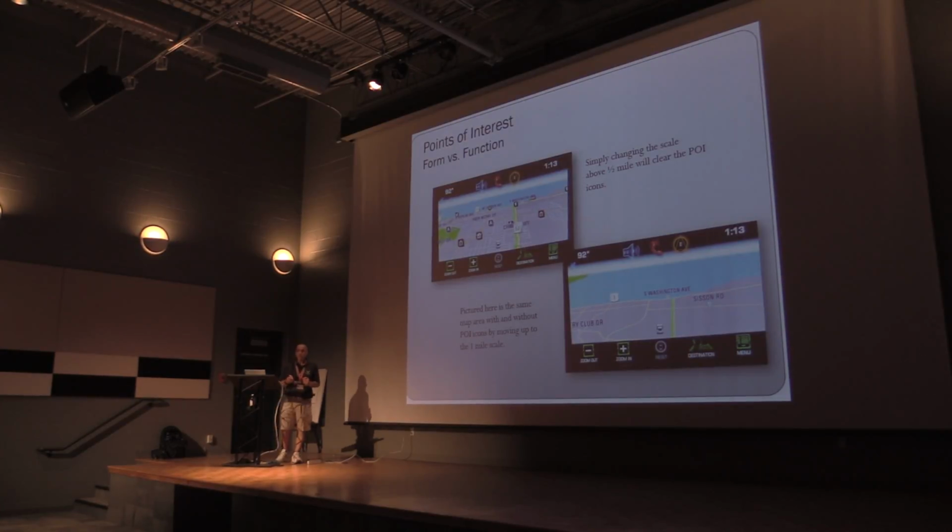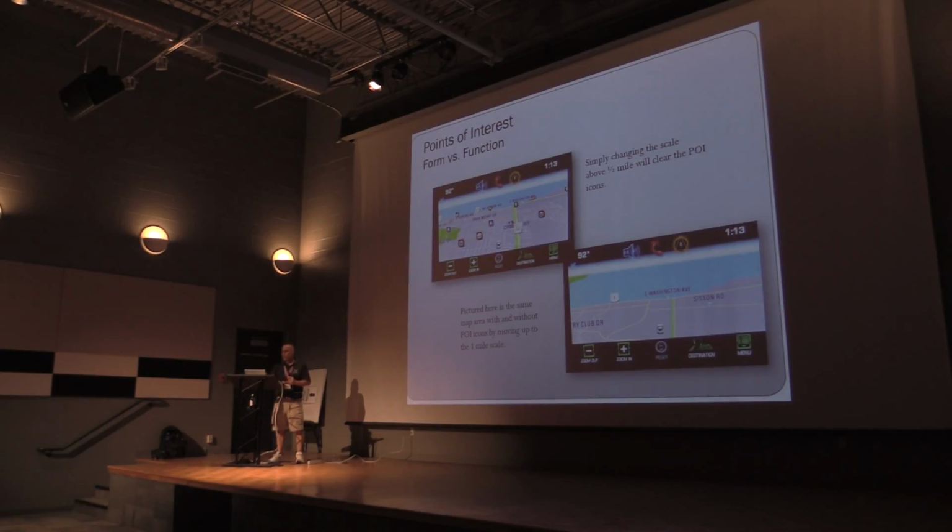More importantly, when you're alone in a vehicle without someone in the passenger seat allowing you to use and interact with the navigation screen, if you press on one of those POI icons, you will get to the Go Save information screen, so you can navigate to it with the press of a button. So on the screen here is the exact same map screen. The top, below 1/2 mile, and the bottom at 1 mile.